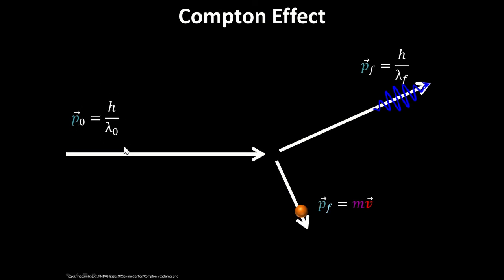Don't worry about that right now. But if some of the momentum of the photon was given to an electron off in this direction, well, the photon that came off in this direction is going to have a little less momentum, because this momentum plus that momentum has to equal that one. So what happens is the wavelength gets a little bigger to make the momentum a little smaller.